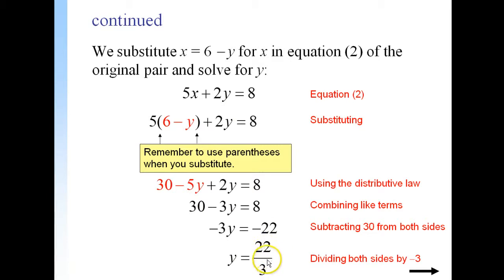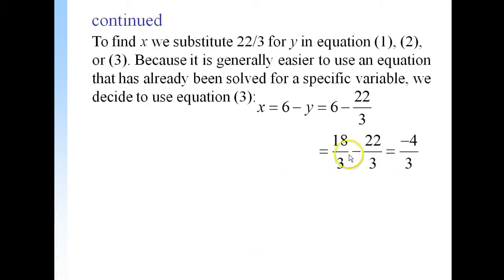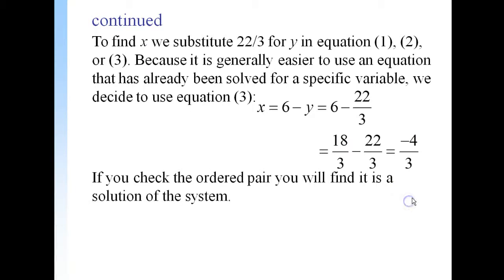Now again, for some, getting fractions may make you a little nervous, but you'll just have to handle it as best you can. And then now we put that in the other side, and they did what we did, and they ended up with a negative 4/3. Okay, good. And it does check. And there's a solution.